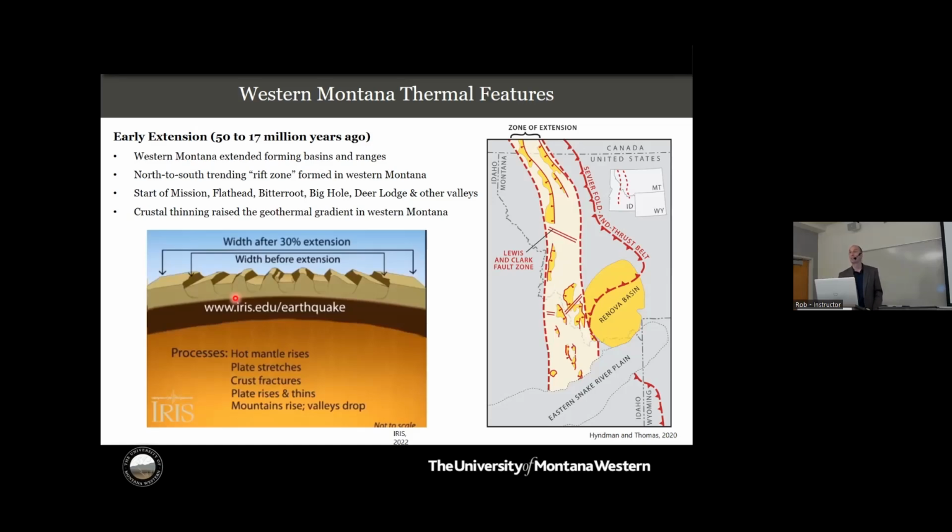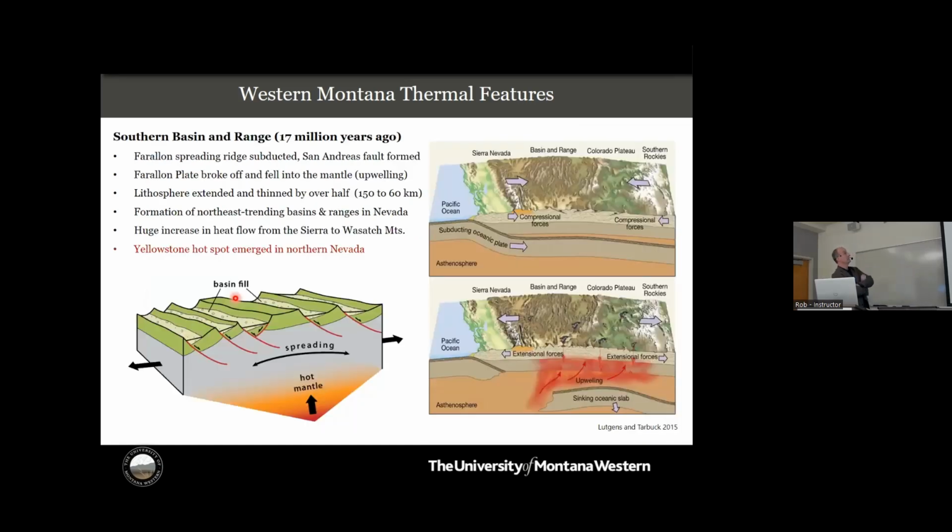We've got a lot more extension to go. So hold on. Seventeen million years ago, the San Andreas Fault starts forming because a spreading ridge off the coast of the western margin of North America gets subducted. And the Farallon Plate that was subducting breaks off and falls into the mantle.